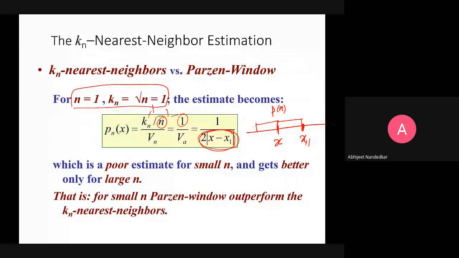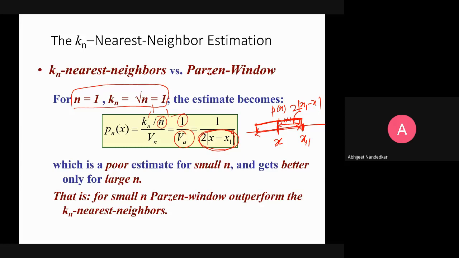And the total length is twice of this length, and this length is x1 minus x. So if I take the mod of this and multiply by 2, then this will be the total length. So dividing by v means it is 1 over twice the mod of x minus x1.